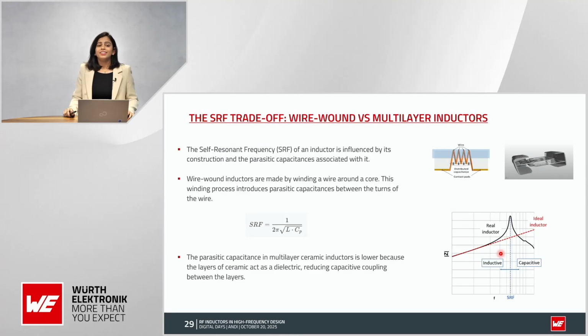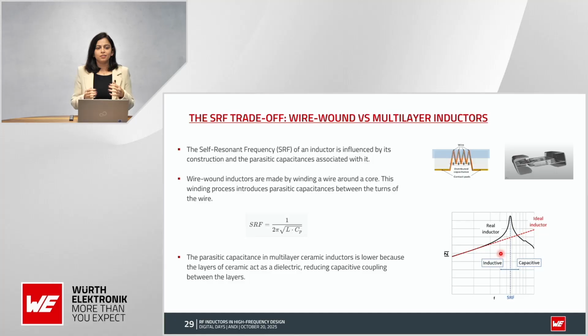Now, the SRF trade-off: wire wound versus multilayer inductors. Usually, the wire wound inductors have lower self-resonant frequency when we compare to multilayer inductors. Why is it so? Because the SRF of an inductor is heavily influenced by its construction. Wire wound inductors are made by winding the wire, and in those windings exists parasitic capacitance.